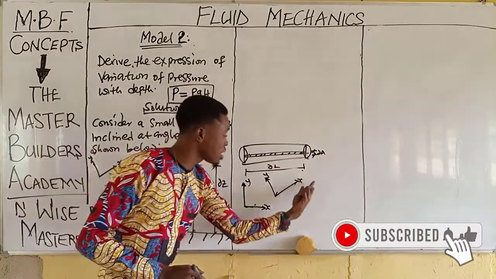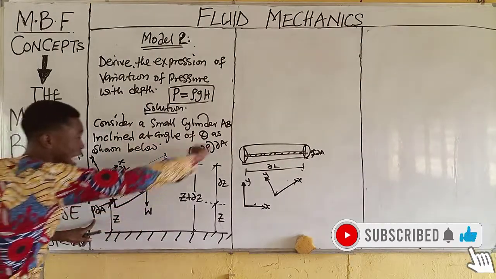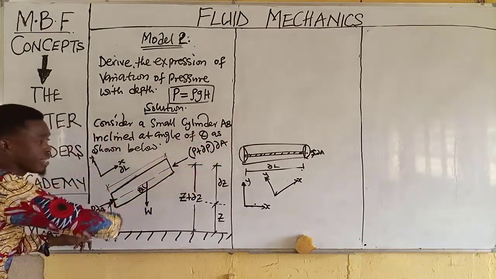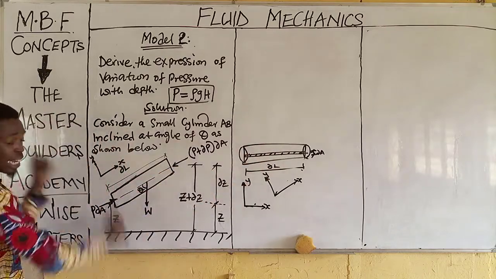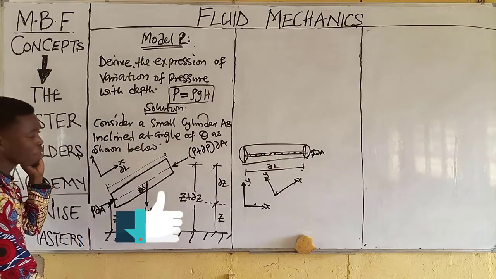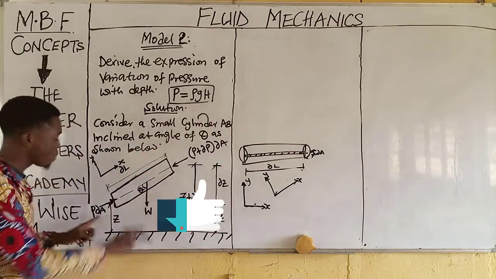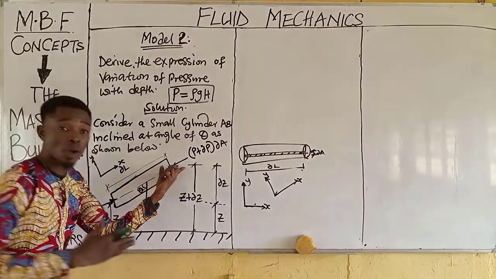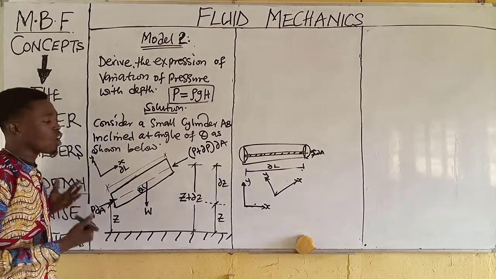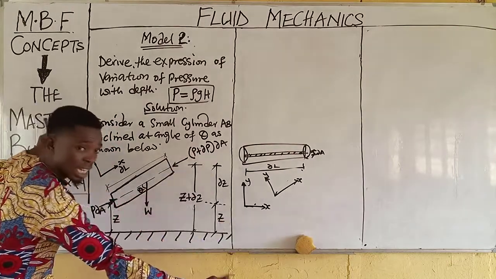In using the local coordinate system, this line of action, which is our neutral axis, will be taken as X, while this one that inclines this way will be taken as Y. So if I am resolving the forces, this one is purely X, this one is equally purely X, but this one is inclined. Otherwise, you can decide to rotate this system.